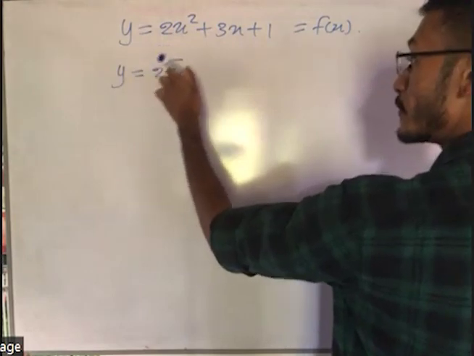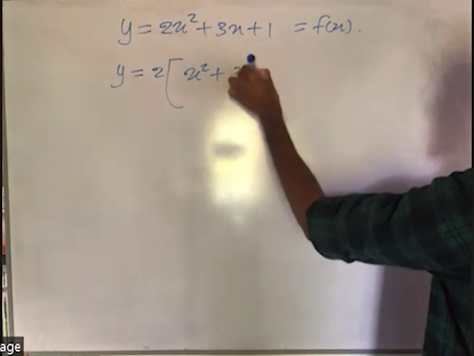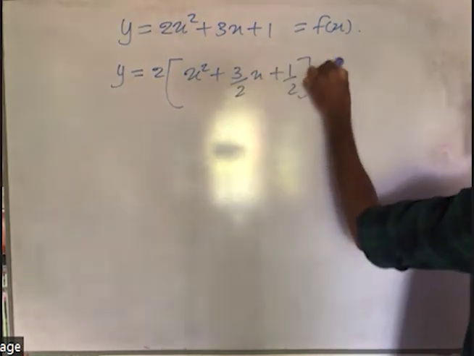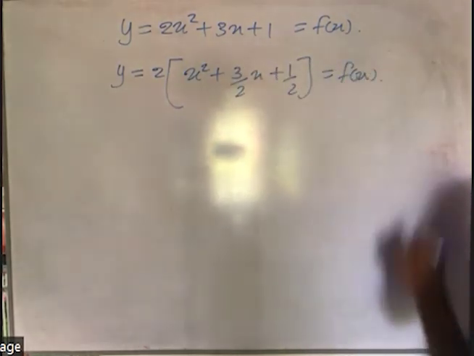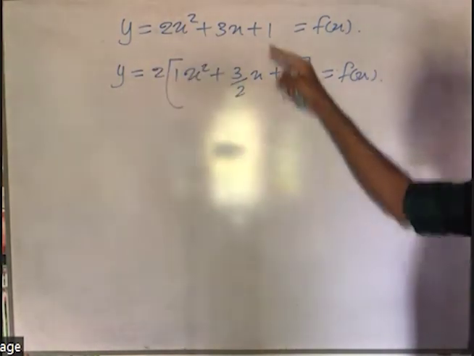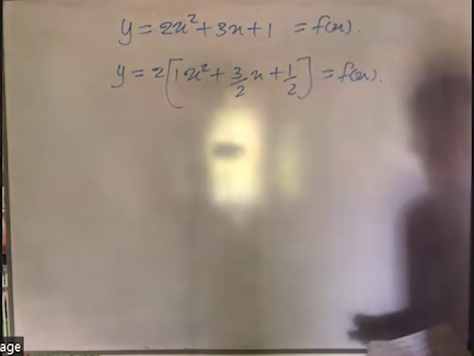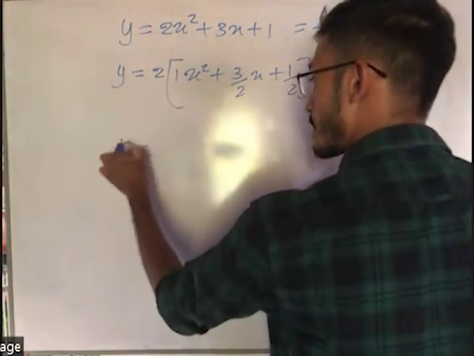Then we can write down 2 brackets x square plus 3 over 2 x plus 1 over 2. So now here we have +1. If you multiply by 2, you get the same function, right? Then now we can use the completing the square step, right?